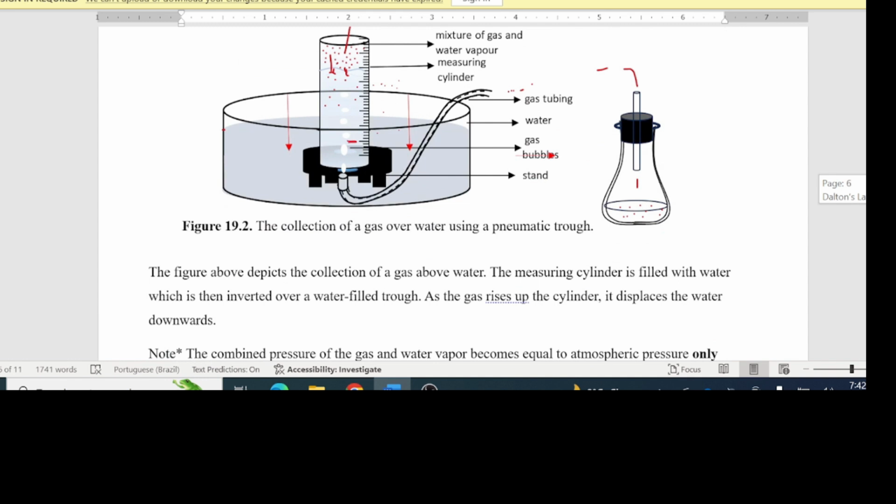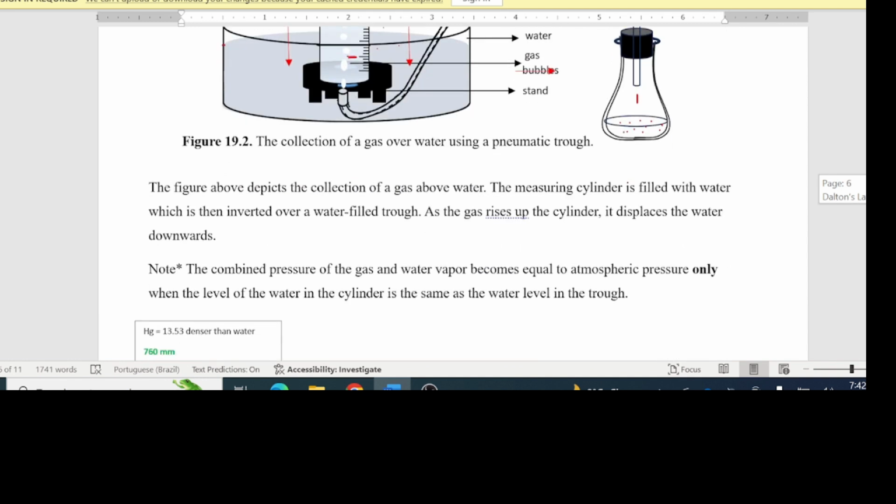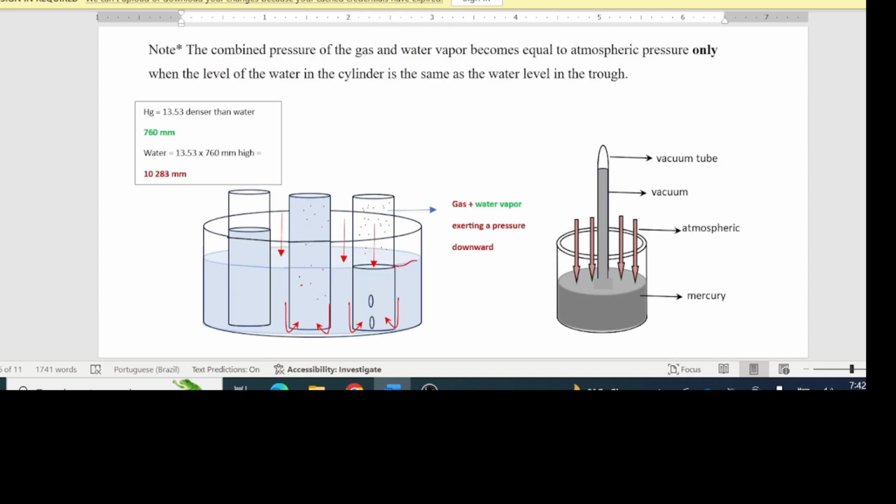So let's go down and talk a little bit more. I want to make another point here. It's a little bit of physics, not bad. I asked you a question when we did atmospheric pressure, and the question was, if Evangelista Torricelli used water instead of mercury to see what column of water the atmosphere would be able to support in a tube, what will be the difference in height? Okay, before we go over the difference, let's look at this one here.